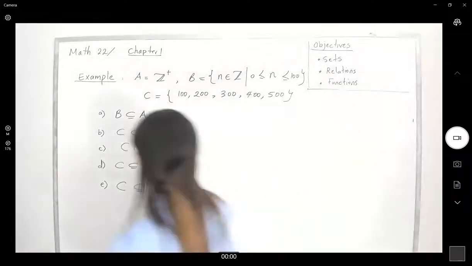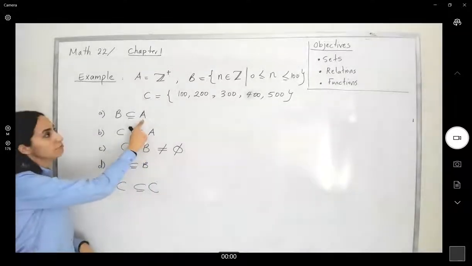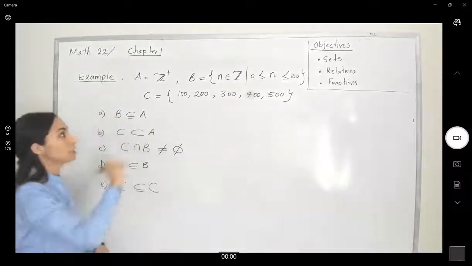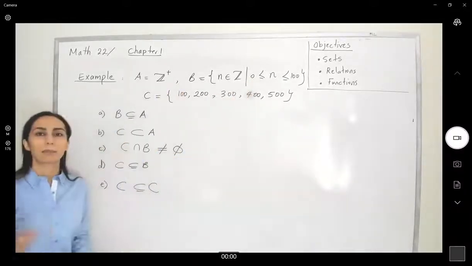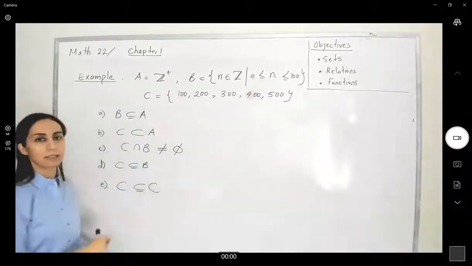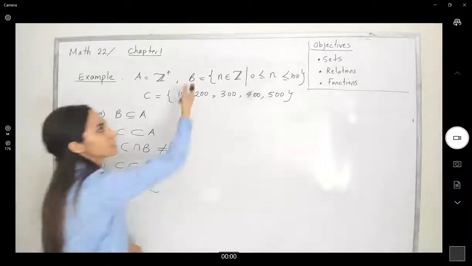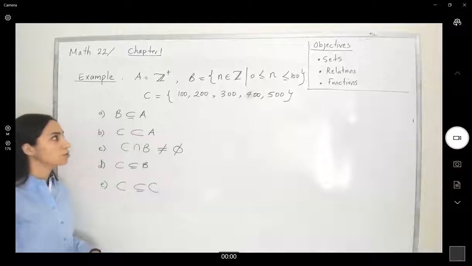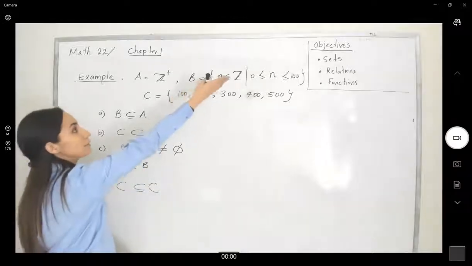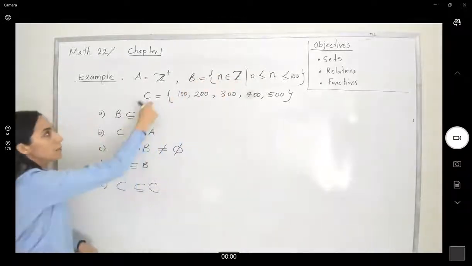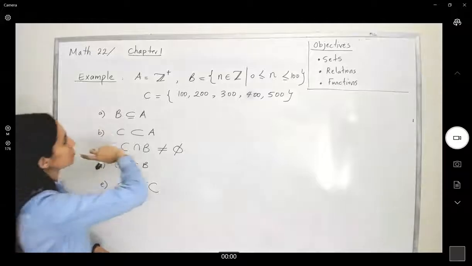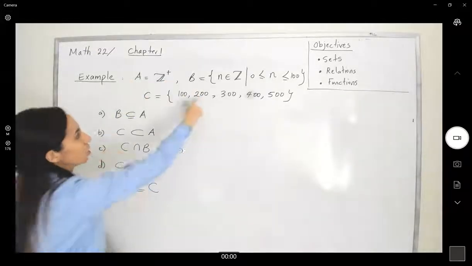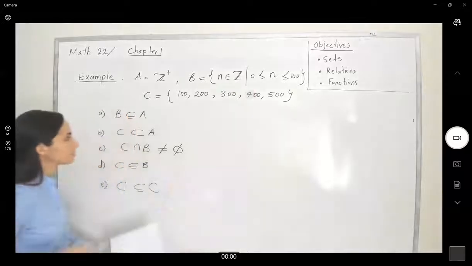Okay. Is B a subset of A? It means that if I take any random element in set B, that random element must be in set A. So set B includes 0, 1, 2, 3, and so on. Take 0.